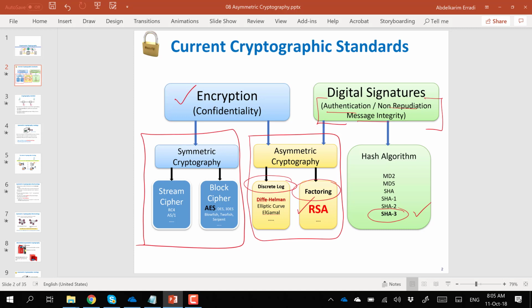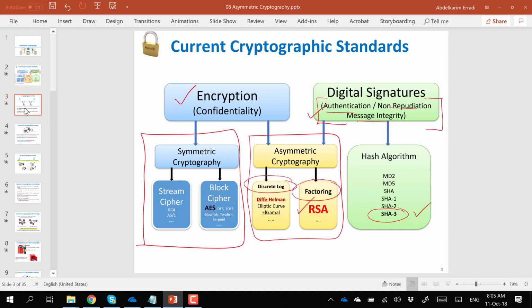Some of this you are familiar with, others we will be covering. This is just to give you the plan to complete the security picture: we need to address these other aspects, authentication, non-repudiation, and message integrity.